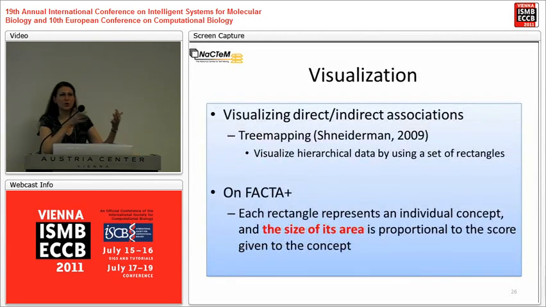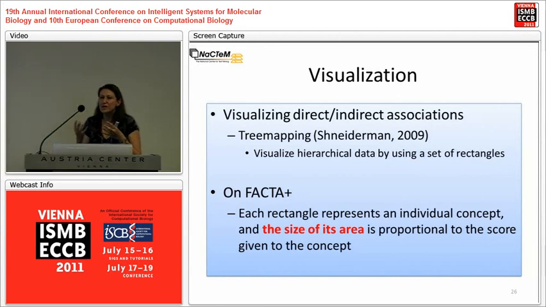Initially, as you saw before, we had columns, and those were not very interesting and intuitive for the user. So the third part we have done is to visualize those direct and indirect associations using tree mapping. This is based on Shneiderman's ideas. I don't know if it works. Well, it's a shame.